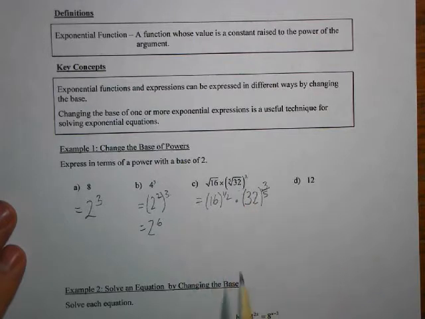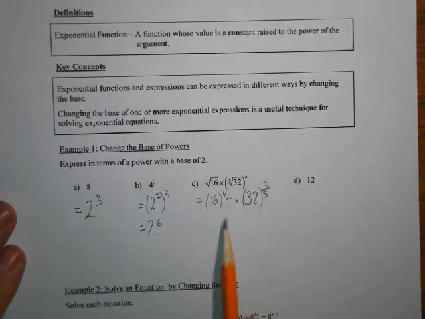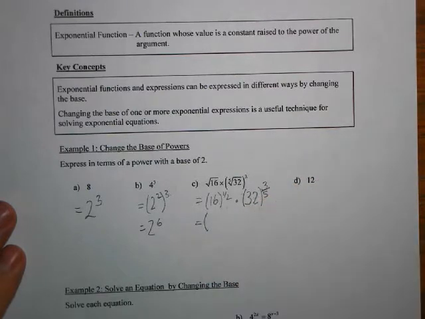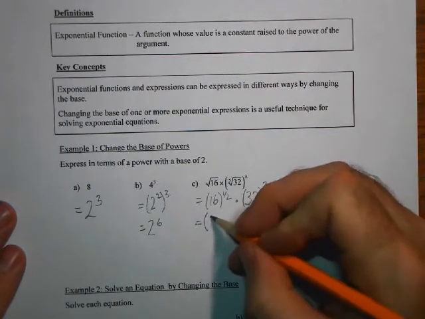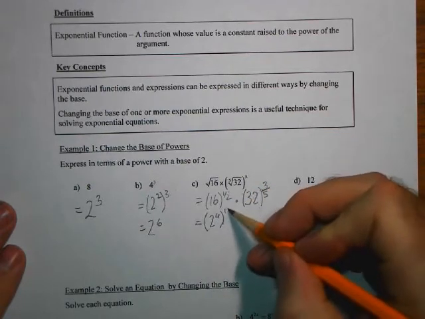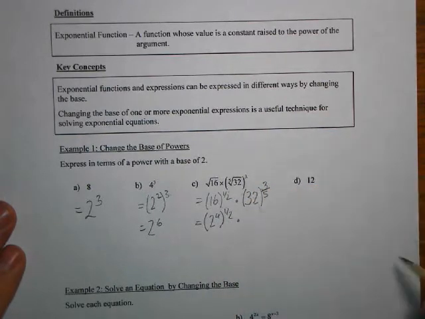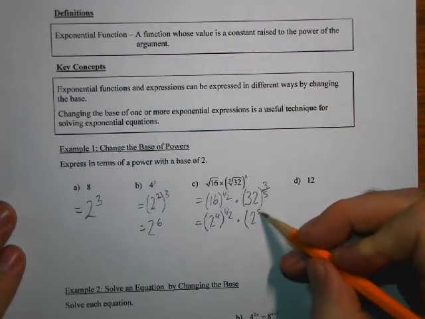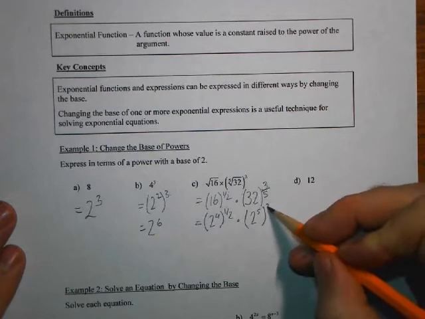Now the next step, we're going to change the bases to a power of 2, and you can see that both 16 and 32 are powers of 2. So 16 is the same as 2 to the power of 4. I'll put that inside the bracket, keep that 1/2 out here. And 32 I can rewrite as 2 to the power of 5. And then I still have the 3/5 out here.